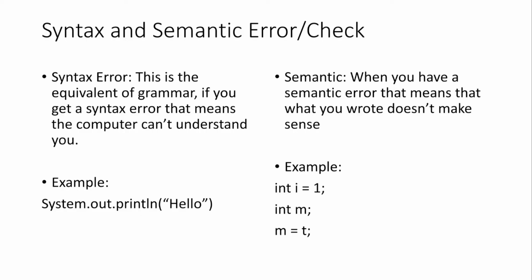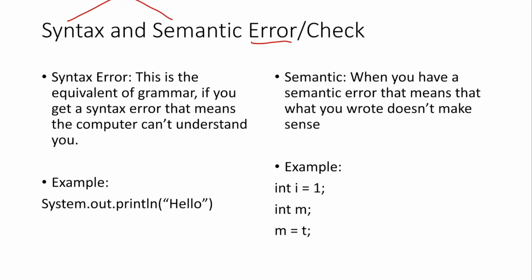Alright, so let's start talking errors. There are two major kinds of errors that you can get in coding. There's the syntax error, and then there's the semantic error. Let's talk about the syntax error first. Basically, the syntax error is the equivalent of grammar.